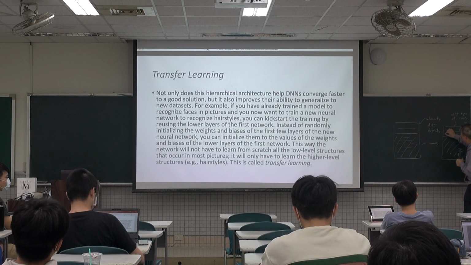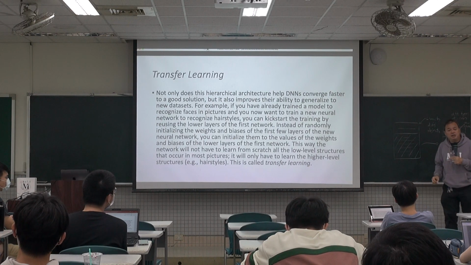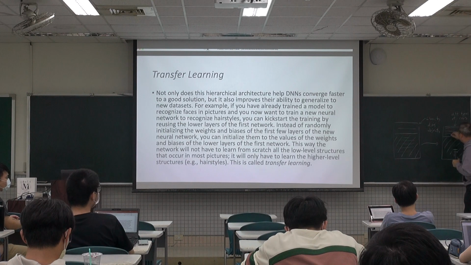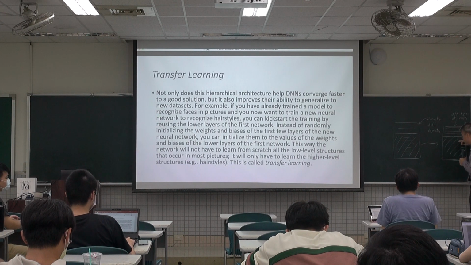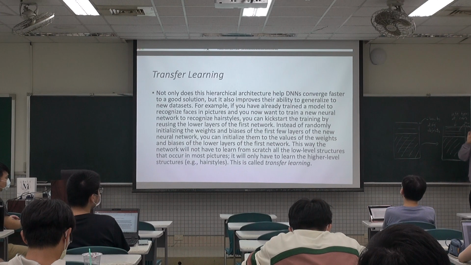Okay, so you do need to train these few new layers. But for the whole model, because you copy the lower part from this model, all these layers and their weights remain. You can consider they are already trained.